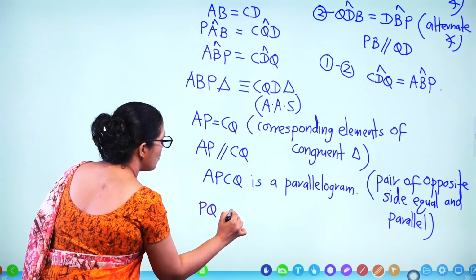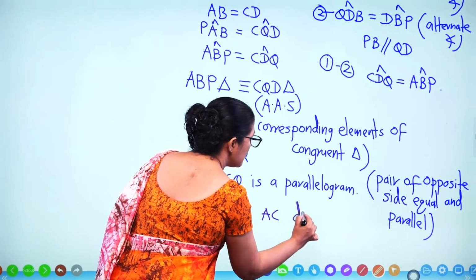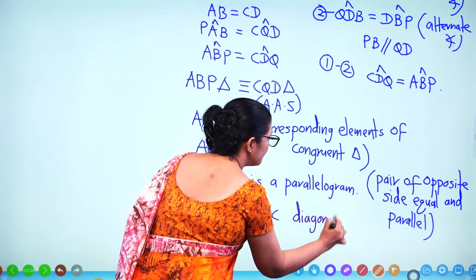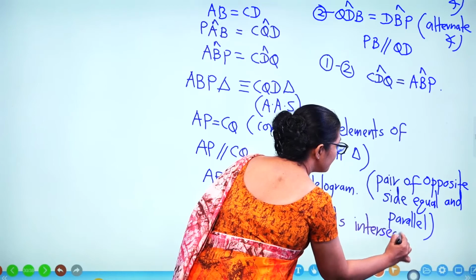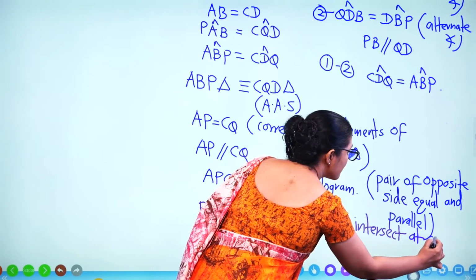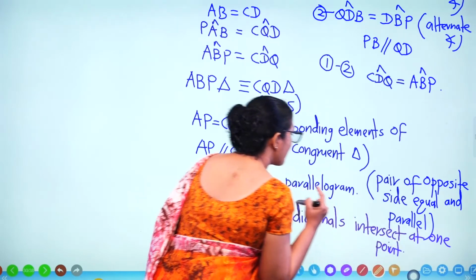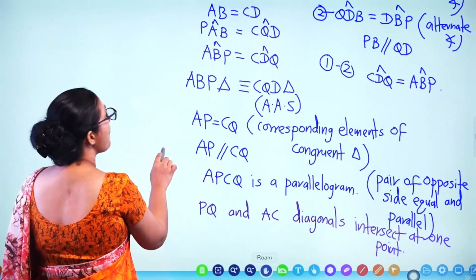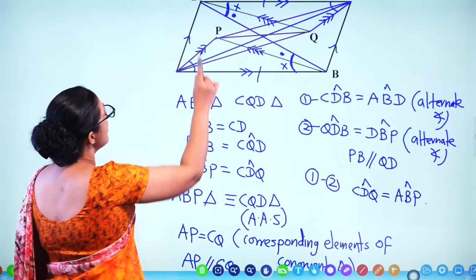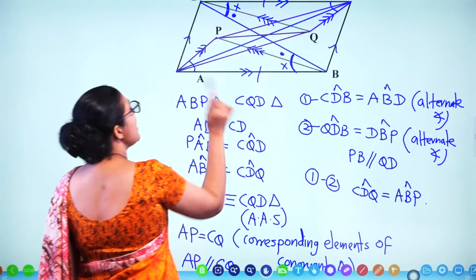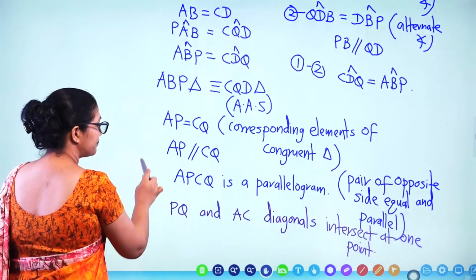PQ and AC diagonals intersect at one point. And also we know that when you take the bigger parallelogram, BD and AC are diagonals there.